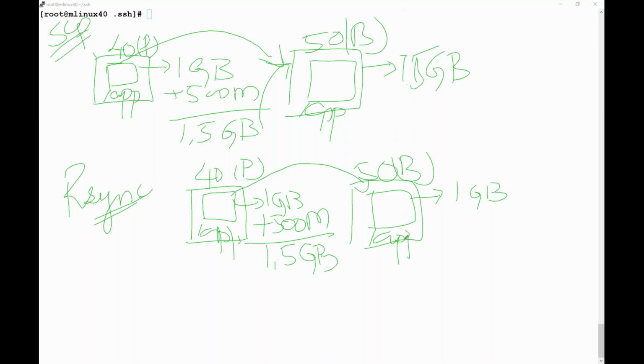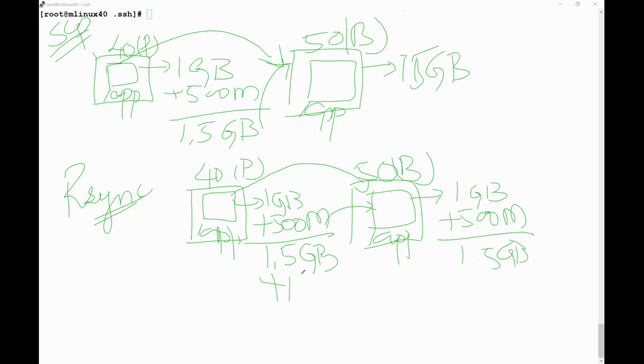If it exists, it will compare the data. It is not going to copy the whole data from the beginning. It will check how much data is already copied and how much needs to be copied. As it sees that 1 GB is already copied, it will only send the 500 MB increment instead of sending all 1 GB. And you see both sides are synced.